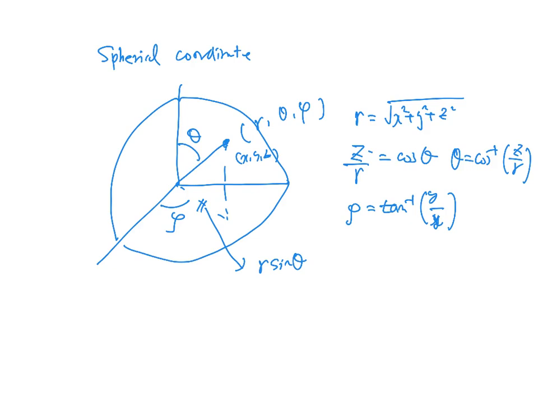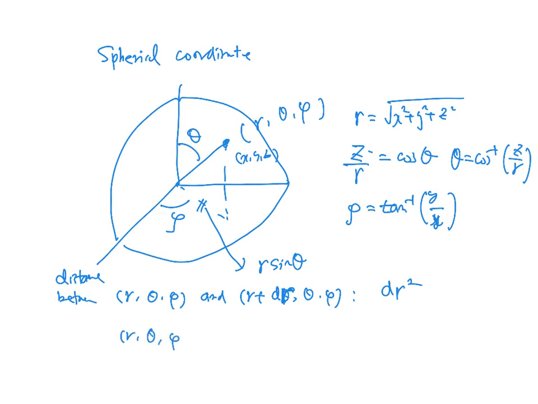So the distance between (r, theta, phi) and (r plus dr, theta, phi) is dr squared. The distance between (r, theta, phi) and (r, theta plus d theta, phi) is the same as before, r squared d theta squared, right?